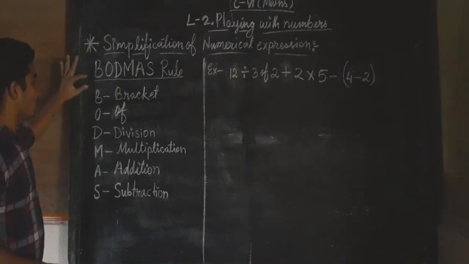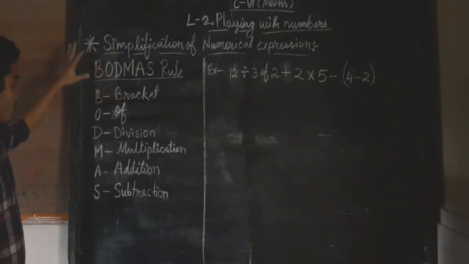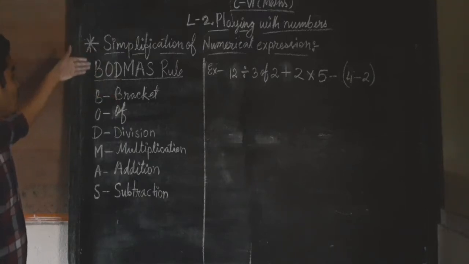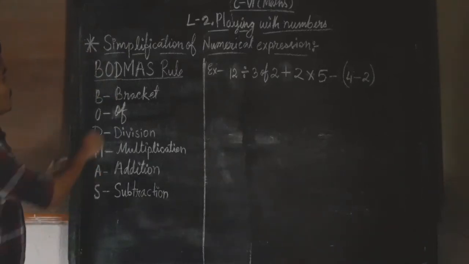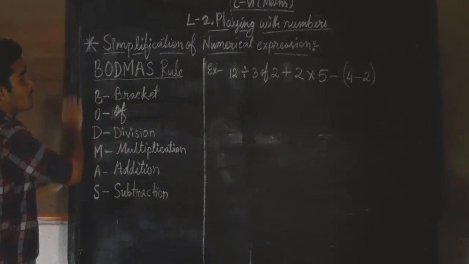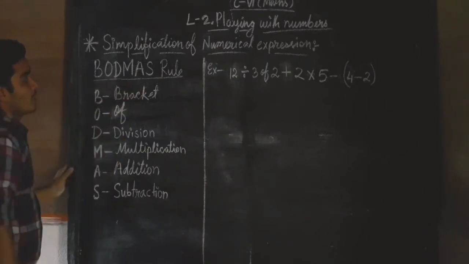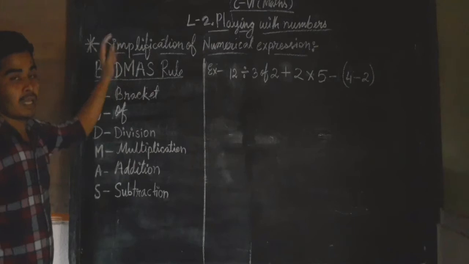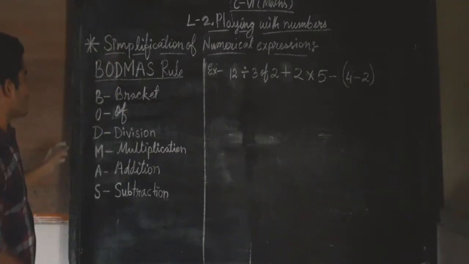So what is the BODMAS rule? I will explain it by giving some examples, and also let me tell you what B stands for, what O stands for, what D stands for, and what all the letters in BODMAS stand for. Now look at this.